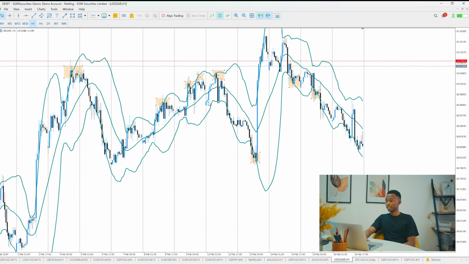In this case, you can see on these areas over here, we had prices reversing anytime they hit the upper band, and we had this instance over here where prices kept on going lower up to this point, and this is where you had a reversal finally. So prices kept on going lower even though they hit the lower band. Now that is important as we are going to talk about how to filter out trades.